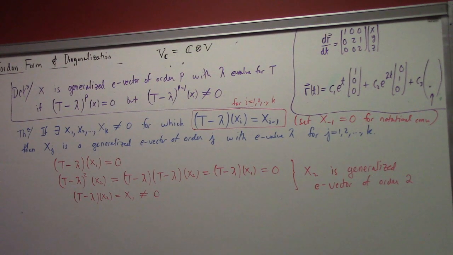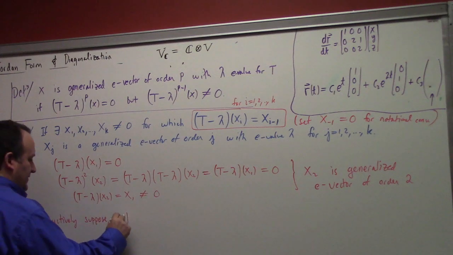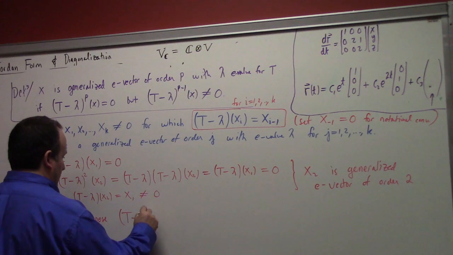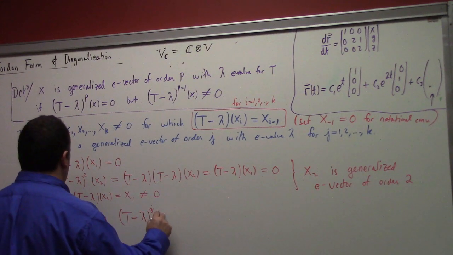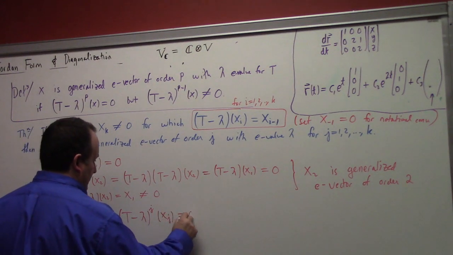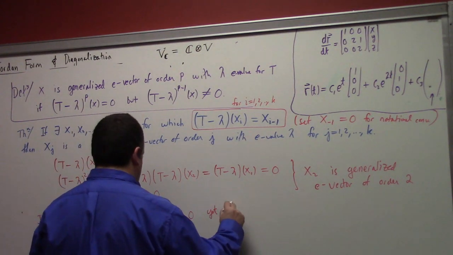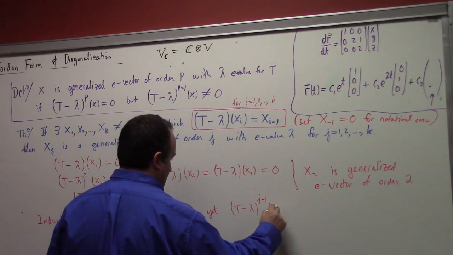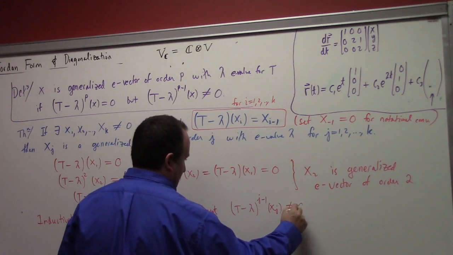I suppose we could prove this by induction, right? So inductively suppose (T − λ)^j of x_j is equal to 0, yet (T − λ)^(j−1) of x_j is not equal to 0, right?